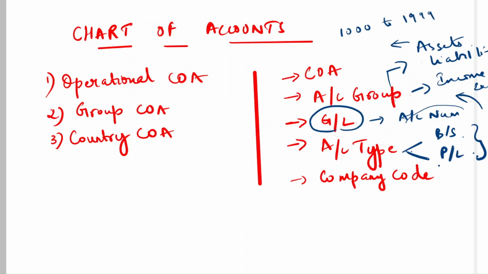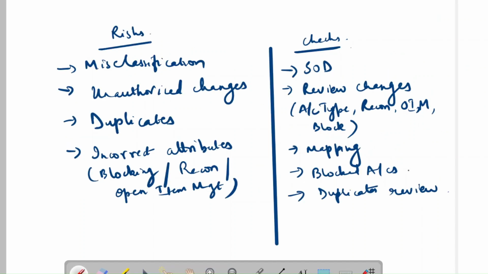Okay, so that means all the GLs pertaining to assets would have this sequence. Similarly, for liabilities, it can start with 2. So looking at the GL number itself, you can identify the account group. So this is how the chart of accounts is configured or structured in SAP.